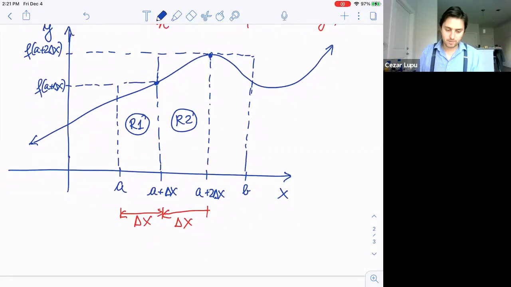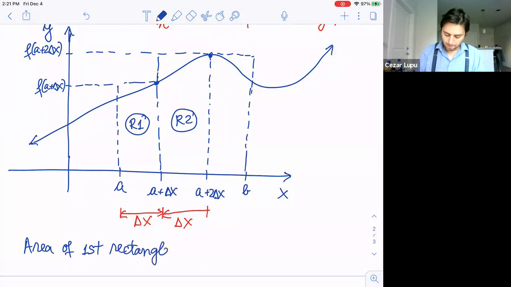Let's say the area of the first rectangle will be nothing else than just what? If you look, that will be delta x. So it will be from here f, from here is 0.